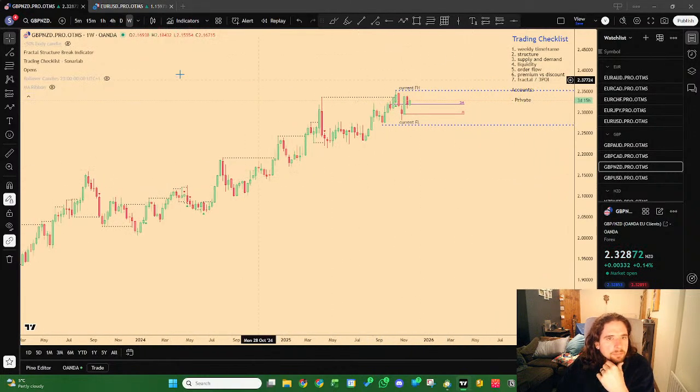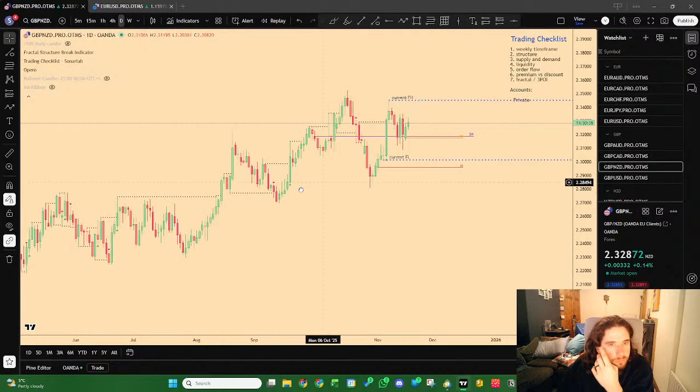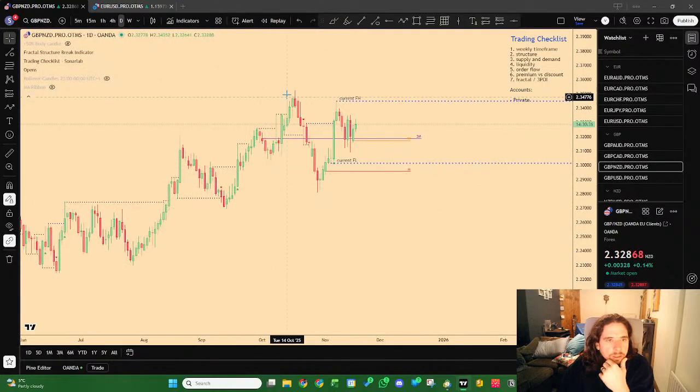GBP/USD definitely bullish. Bullish, high, high, high, low, high-ish.